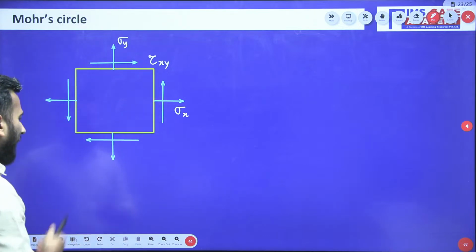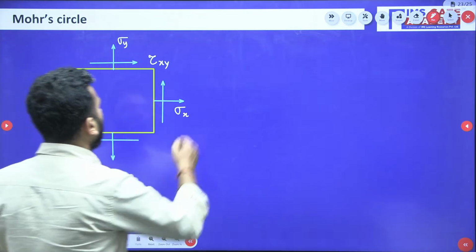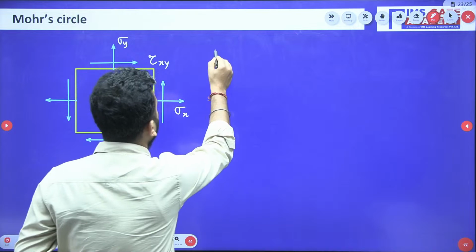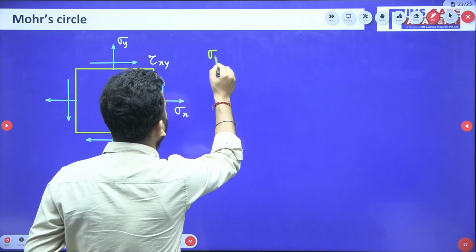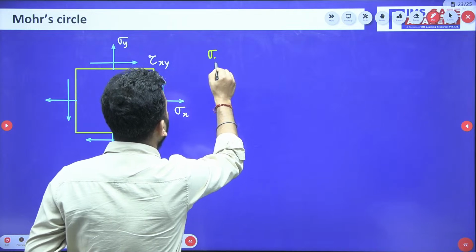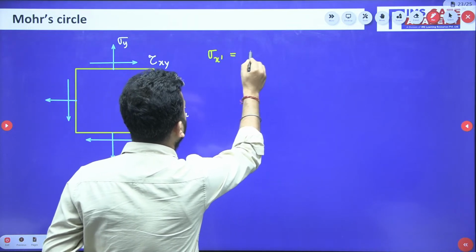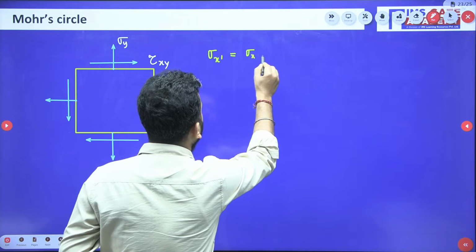Okay, but before coming to the circle, let us write the equation. This is sigma x dash. What is the transformation equation? It was this.